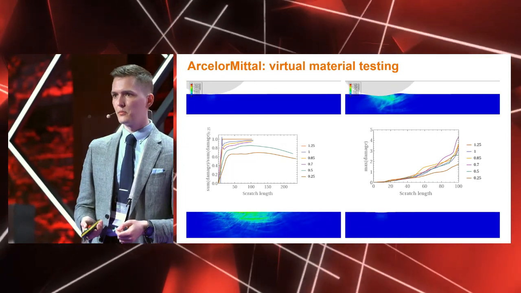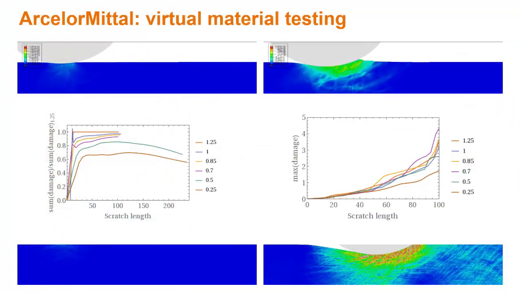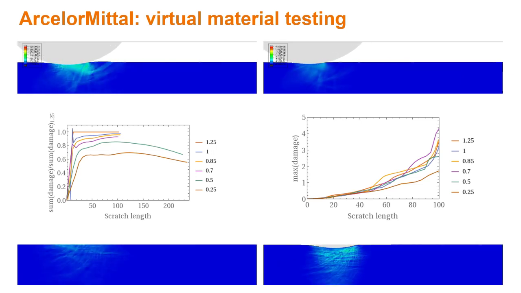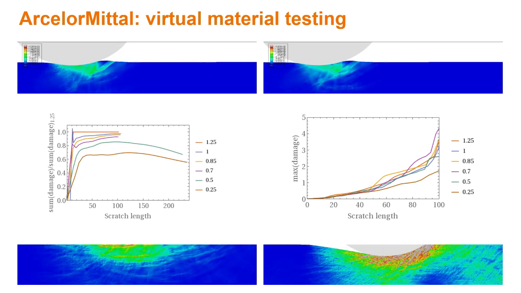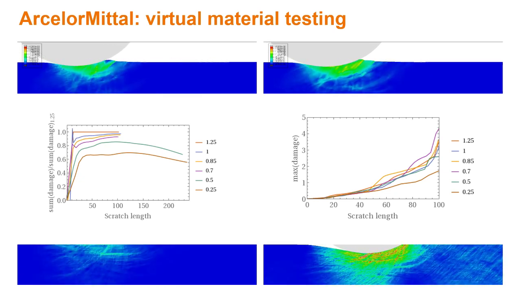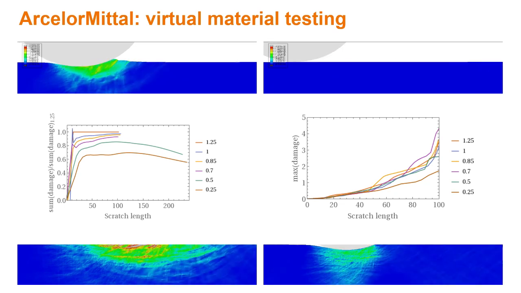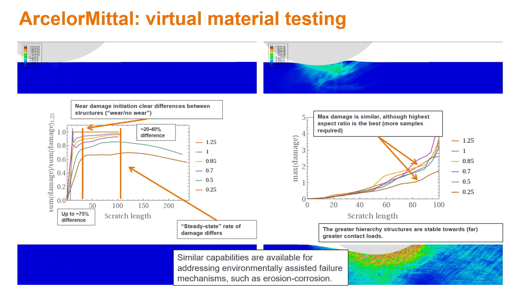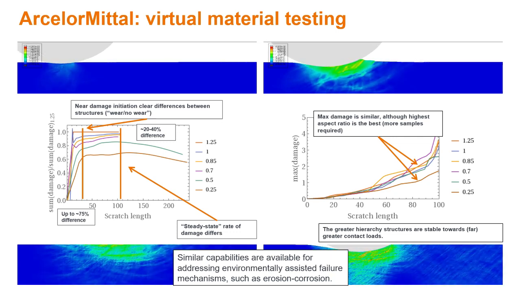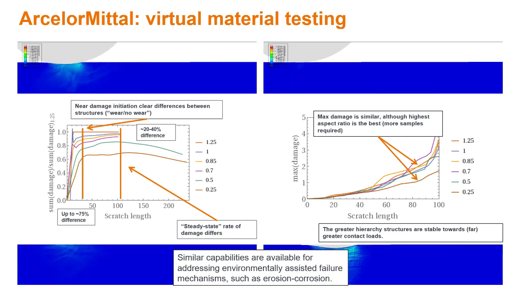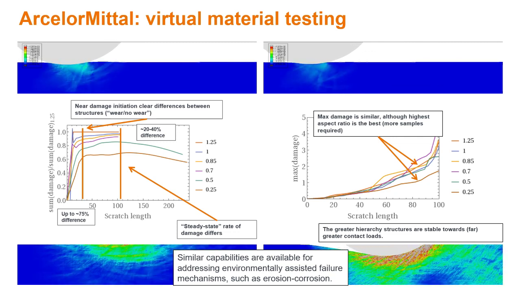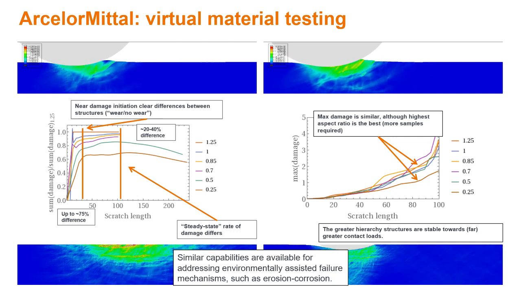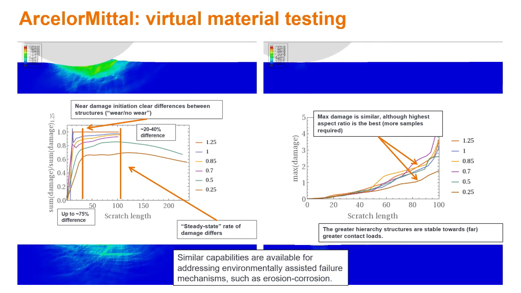On the left side, the left plot shows the normalized damage against the 1.25 sample. These numbers represent the aspect ratio, so 0.25, that's 1 versus 4. If we compare the damage at the first orange line towards the left side, that's what we would call near damage initiation.